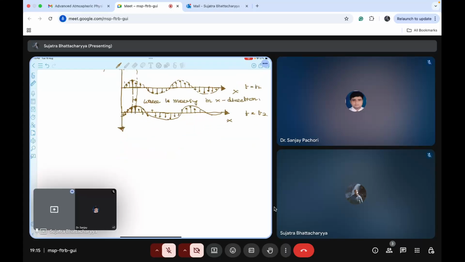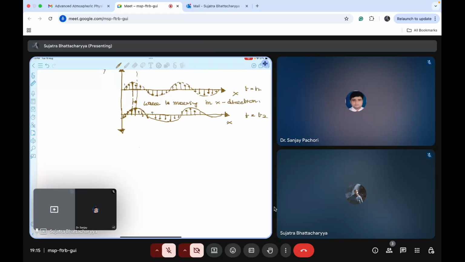Okay, and there are some different definitions. For example, let's say amplitude. We define amplitude of oscillation also, but amplitude is actually, what I have seen in the definition, half distance. Actually, not the distance, I would say half height. Half height between crest and trough. Now, the question is what is crest and what is trough?